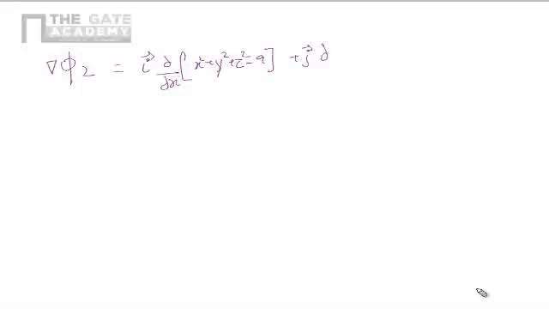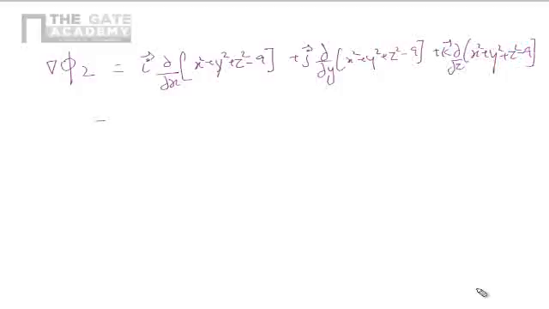Now we have to find del phi 2. What is del phi 2? It is i vector dou by dou x of x square plus y square plus z square minus 9, plus j vector dou by dou y of the same, plus k vector dou by dou z of the same.